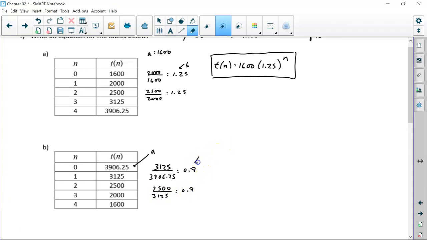So B is 0.8. So T of n equals 3,906.25 times 0.8 to the n. There is our geometric sequence.